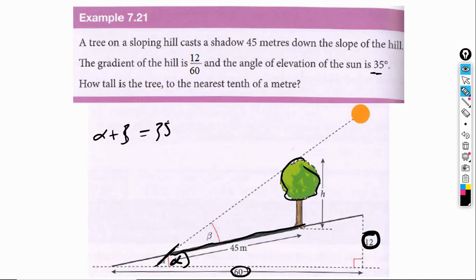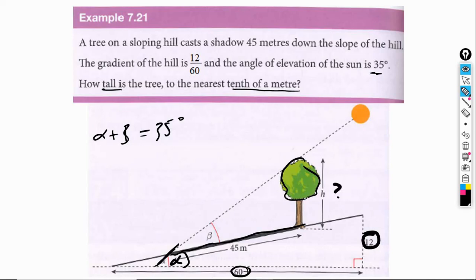And I'm going to need this piece of information later, because they're asking me how tall is the tree to the nearest tenth of a meter. So this is important. We have to be careful there. So they want us to find this, the height. What is the height? Okay, so how do we proceed here?